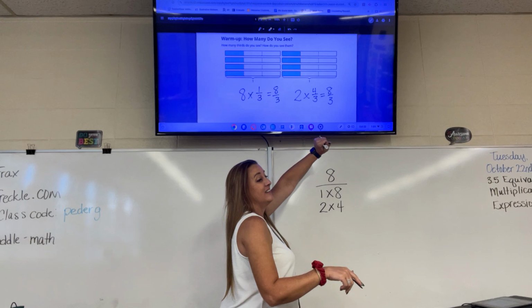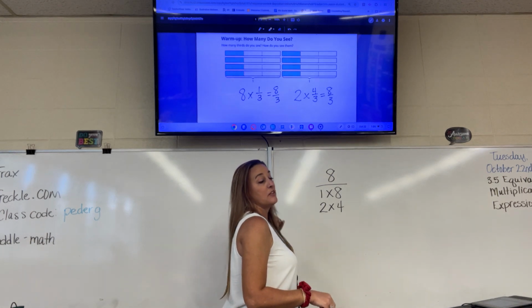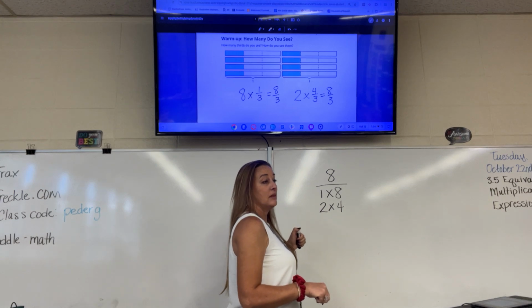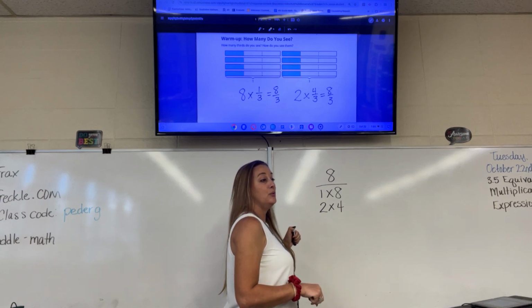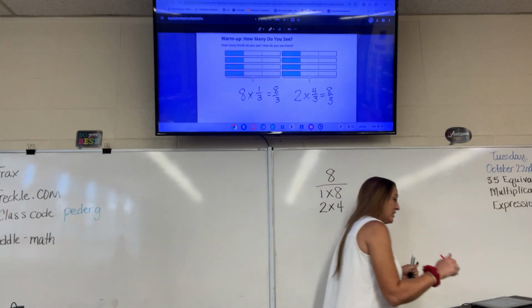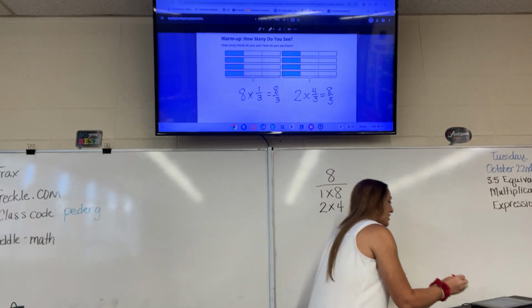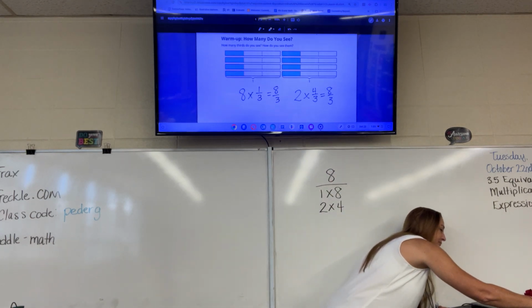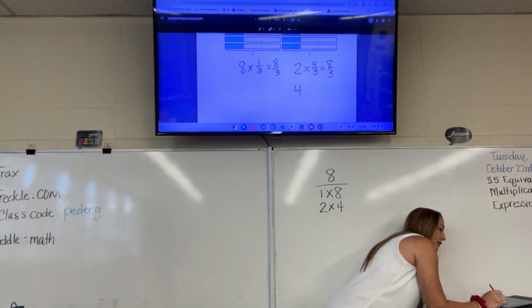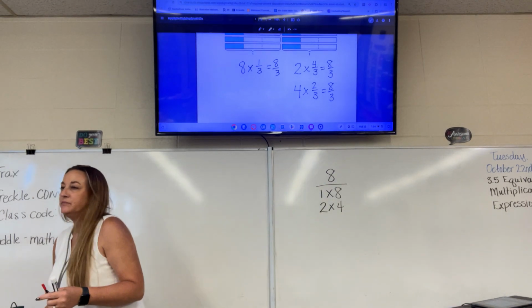The 2 has to be a fraction. What's on the bottom of the 2? 4 times 2 is 2 thirds. So watch. Because all of these are third size pieces. So here's what we're doing. 4 times 2 thirds equals 8 thirds. Notice all of these equal 8 thirds, but watch.